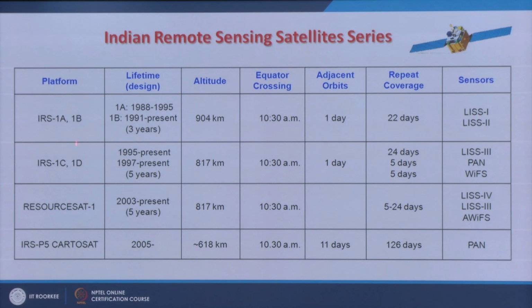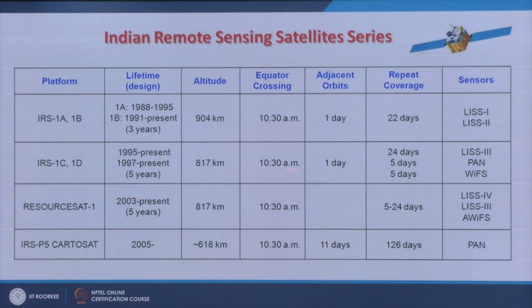Then in the next in the series IRS 1C and 1D, again there was some overlap between 1C and 1D. They worked only for 3 years, and the orbits were a little closer as compared to IRS 1A, 1B, and other things remain the same.